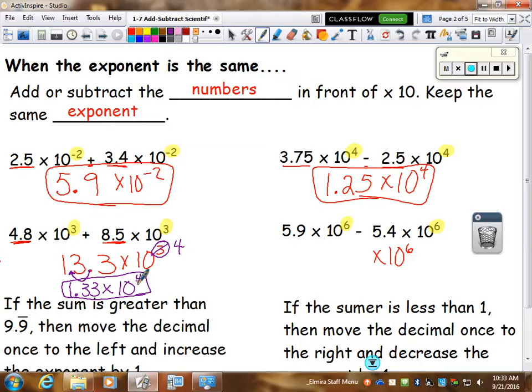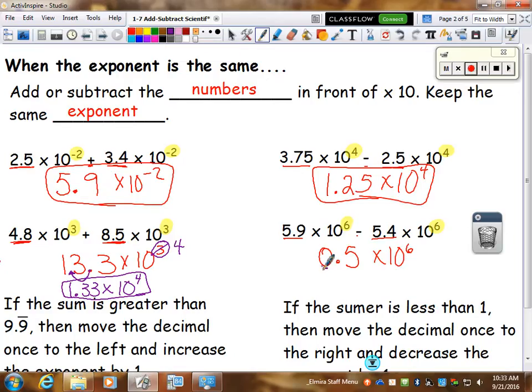All right. And here's another problem with a similar issue. 5.9 take away 5.4 is 0.5. So it looks like scientific notation, but it's not correct scientific notation because I can't have a 0 as the number in front of the decimal.